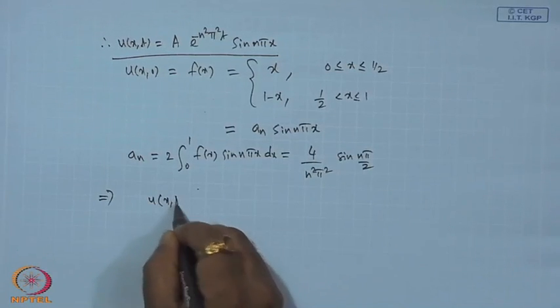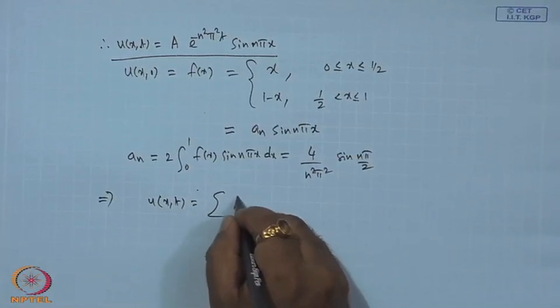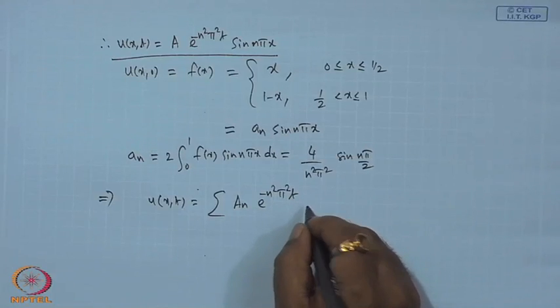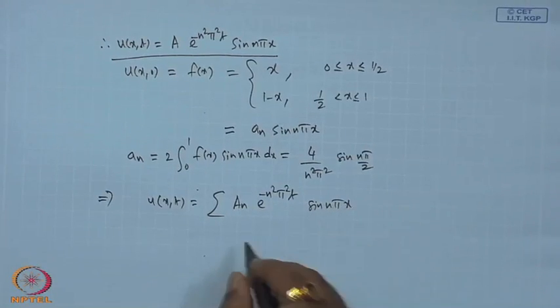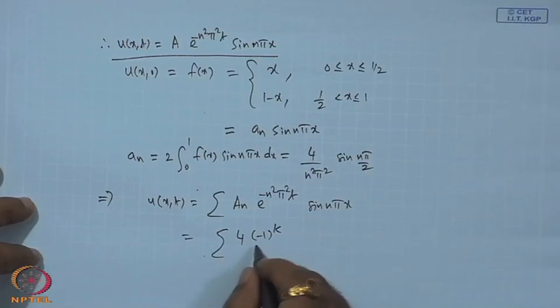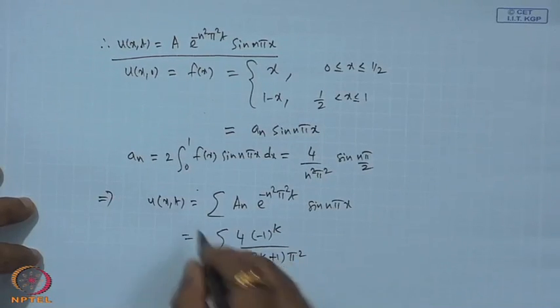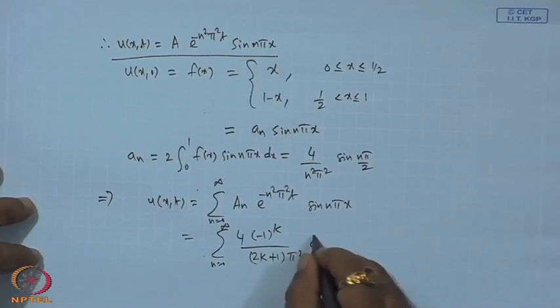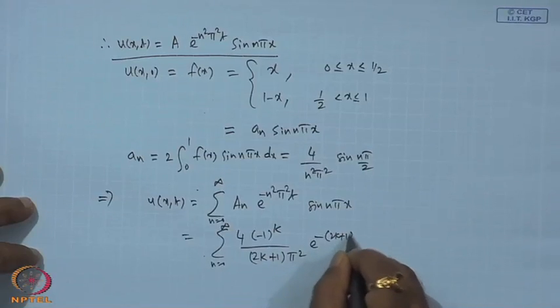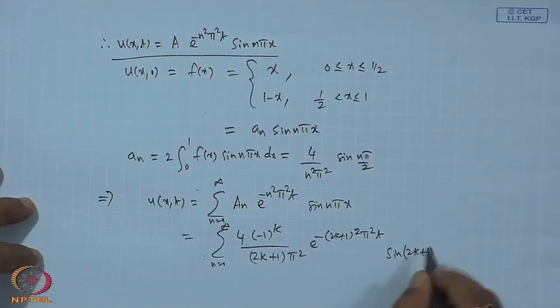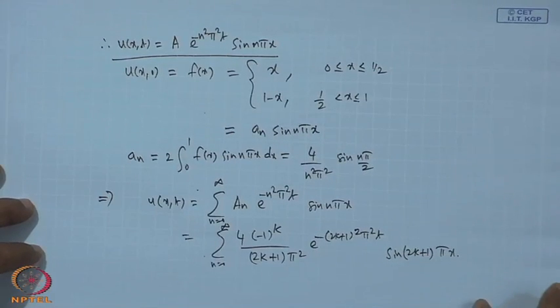So, therefore, u x t is given by this. Okay.